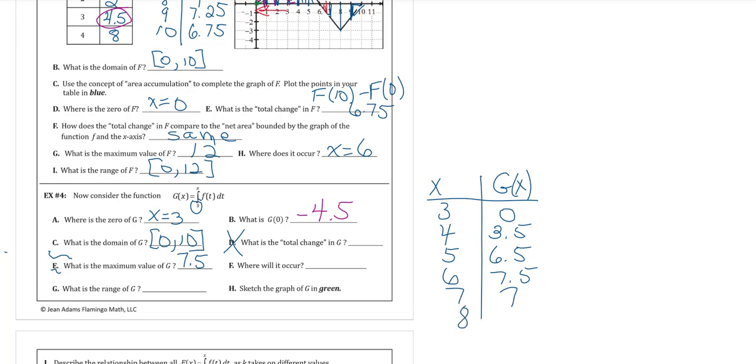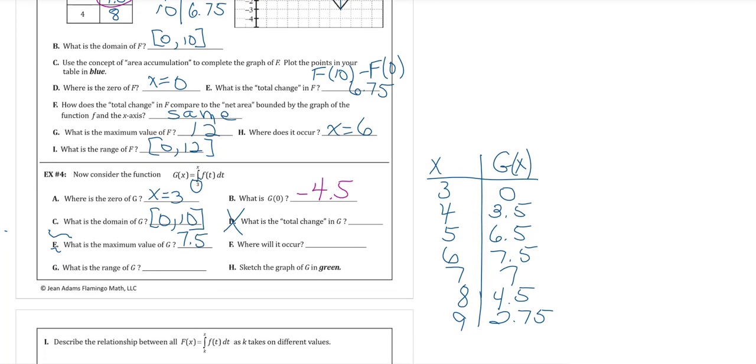So that is going to give me 4.5. And then the area of the next, actually I have another trapezoid there, is going to put me at 2.75. And then finally that last little triangle, which is 1.5, is going to put me at 1.5 at 10.